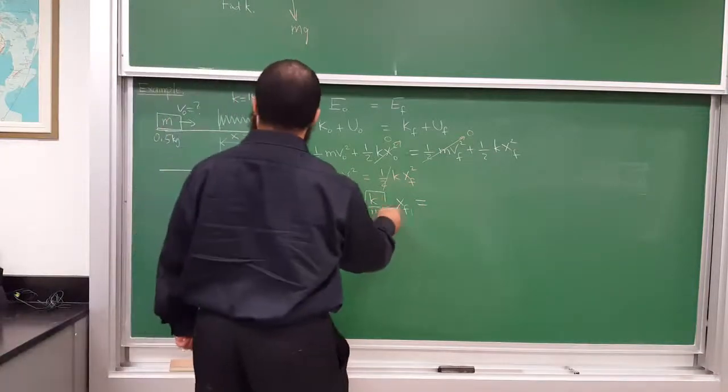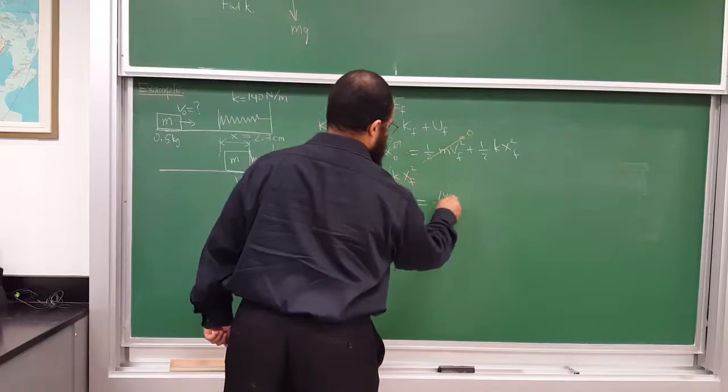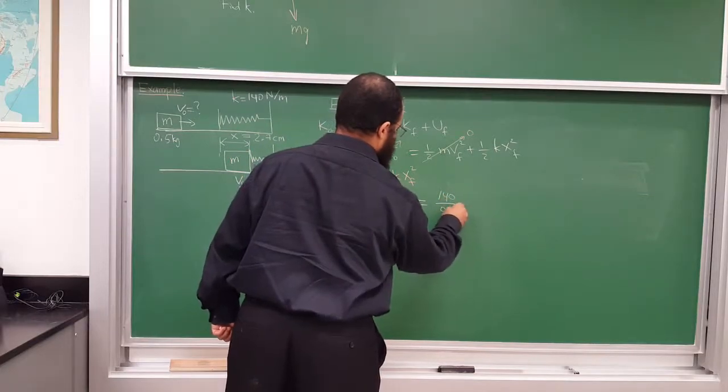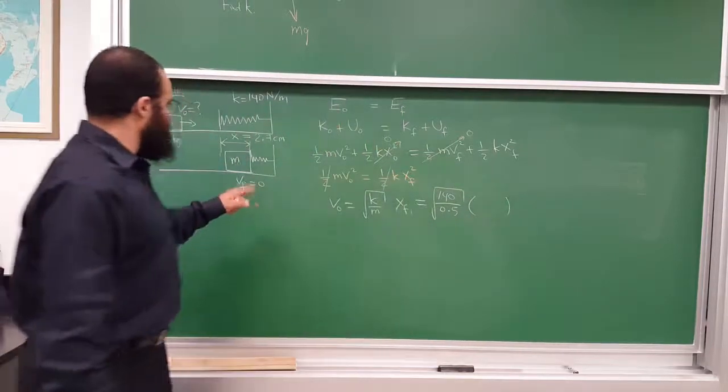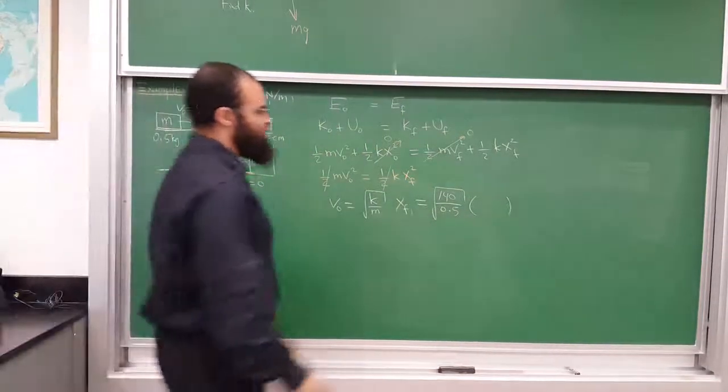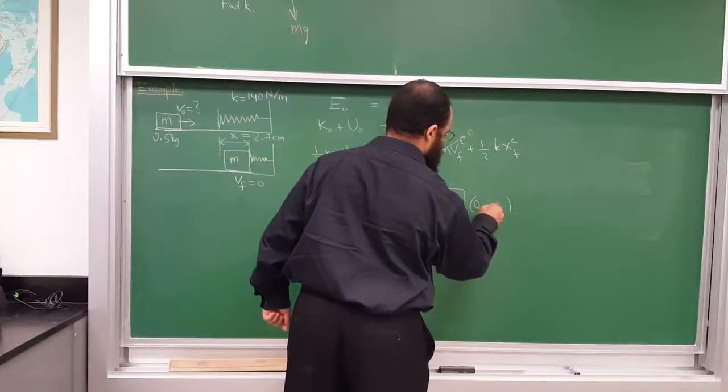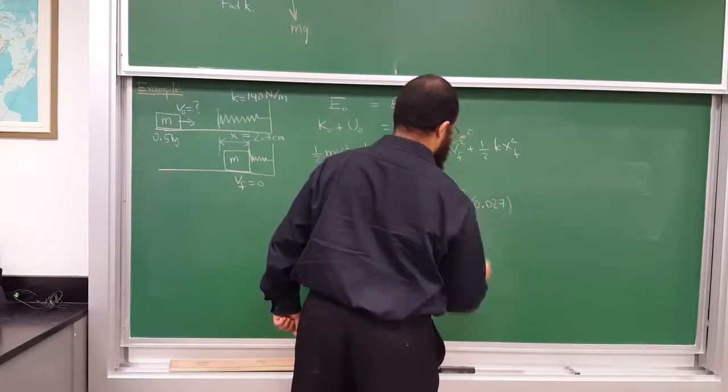So k over m, k is 140, the mass is 0.5, and x is by how far did the spring compress, and it's 2.7 centimeters, that's 0.027 meters.